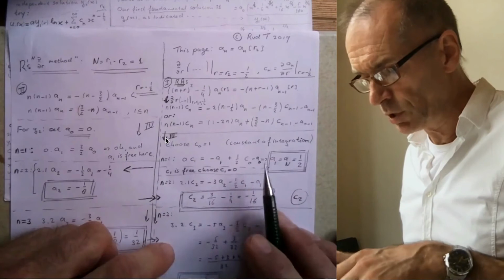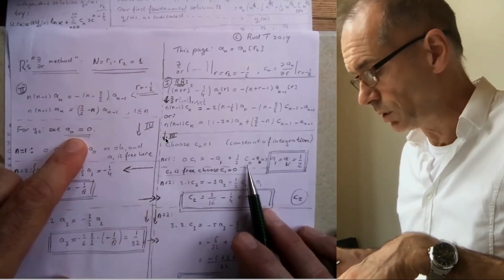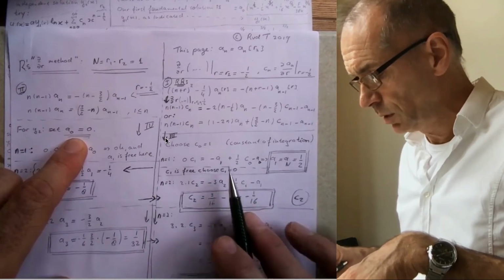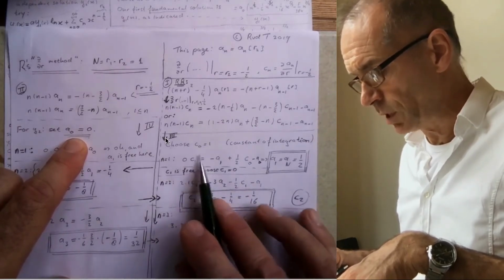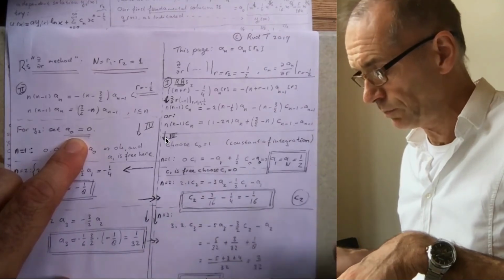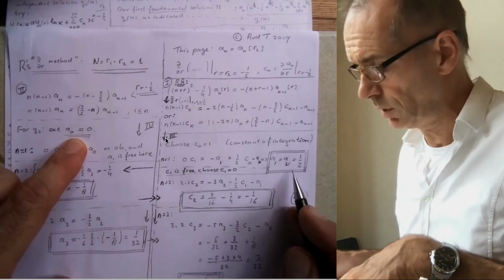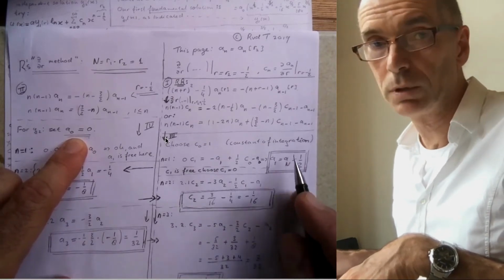See? Now A0 has to be set to 0, so we know that. C0 is free, or you set it equal to 1. This is free, but this left hand side is 0. So you get the result A1 is half. And I've made a note here that A1 is a capital N.